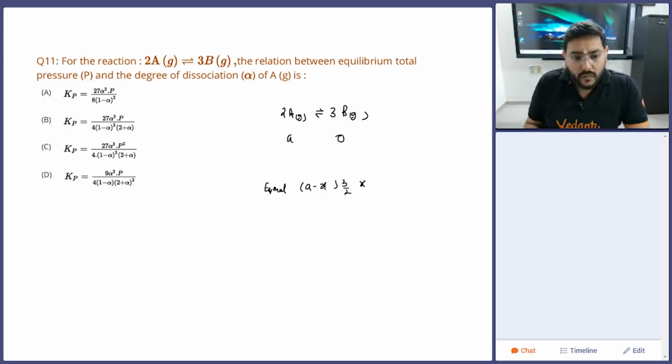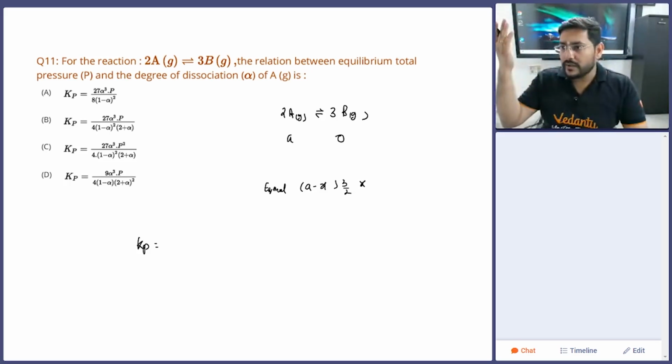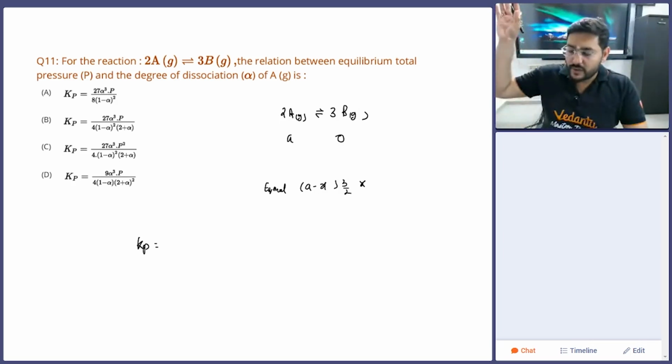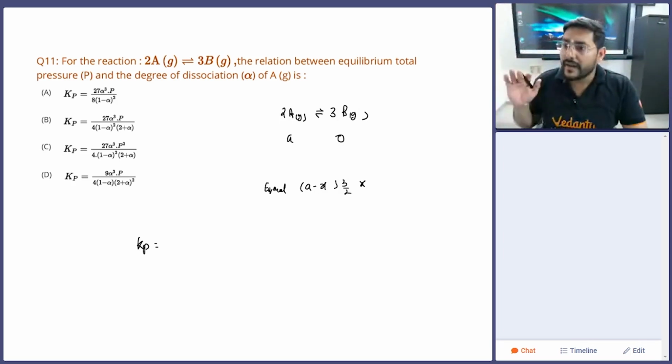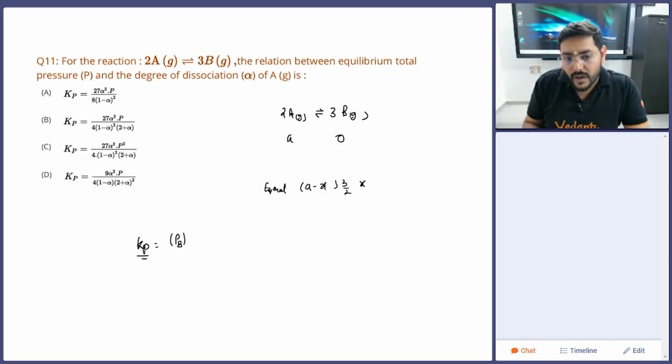So what is Kp? It's very simple. Partial pressure of products raised to the power of their stoichiometric coefficients upon partial pressure of reactants raised to the power of their stoichiometric coefficients. We are talking about partial pressure basically. So here, partial pressure of B raised to the power 3 upon partial pressure of A raised to the power 2.